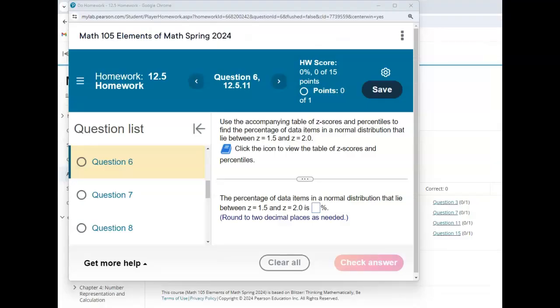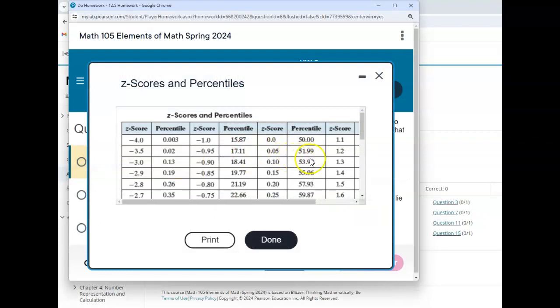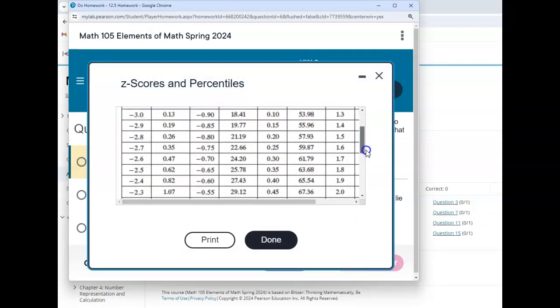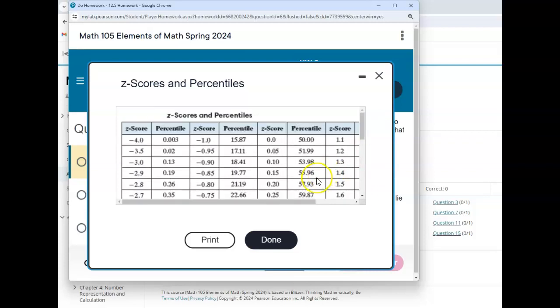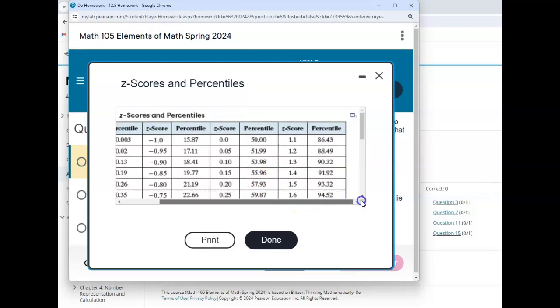So I just mentioned, if you were doing a problem in the homework, this chart will be available to you. In this problem they want us to find the percent of data values that are between a z-score of 1.5 and 2. So there's your chart where you can look these things up. It's the same chart that I just showed you, over here in your list where you can scroll through.